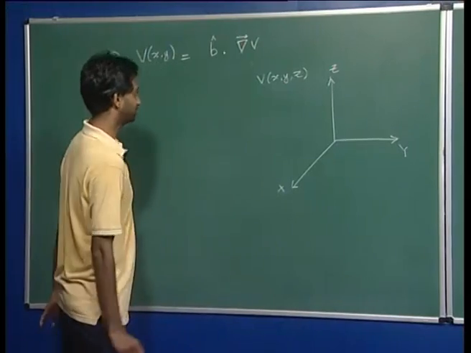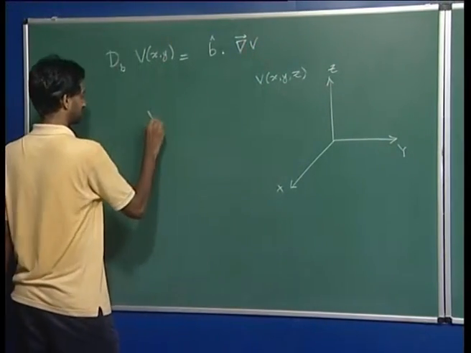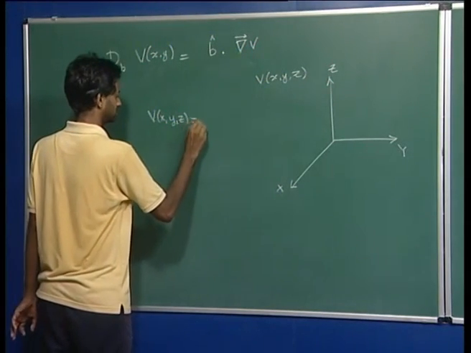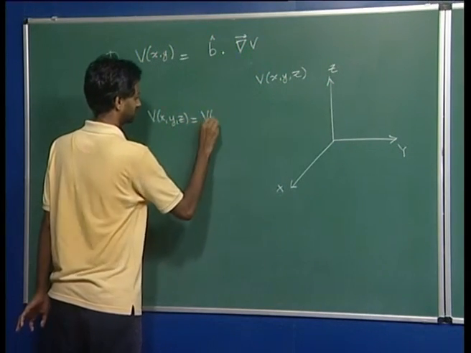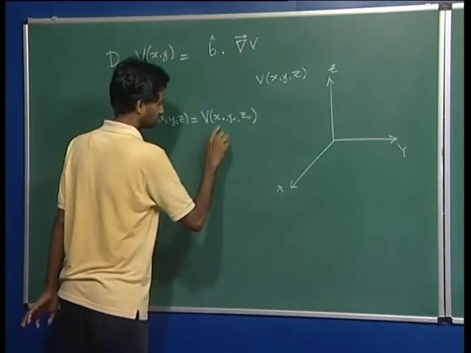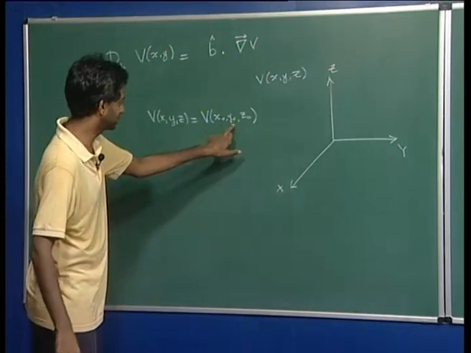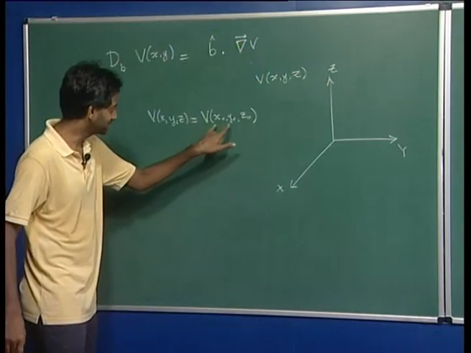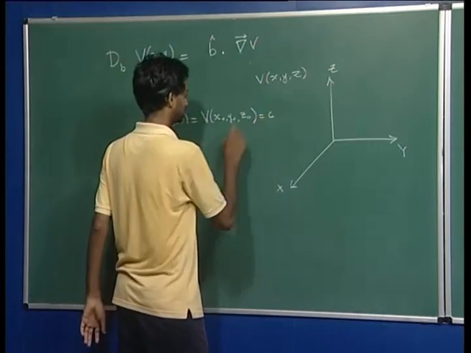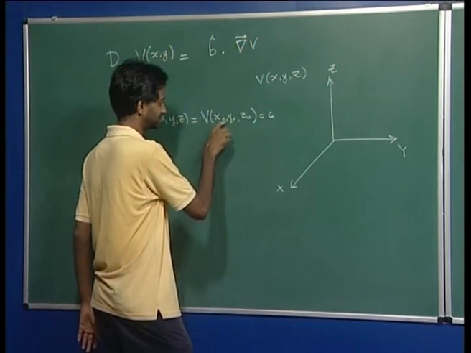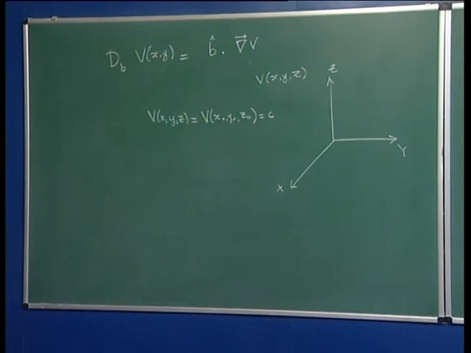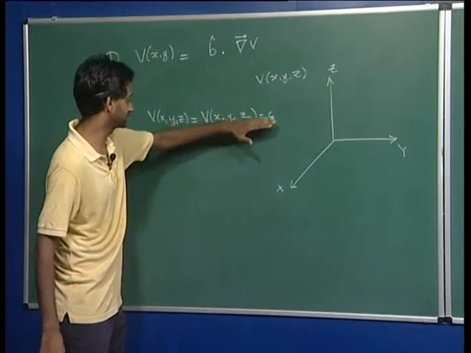But now, suppose I take V of x, y, z is equal to V of x0, y0, z0, where x0, y0, z0 is some point. So the value of the function at this point is c.